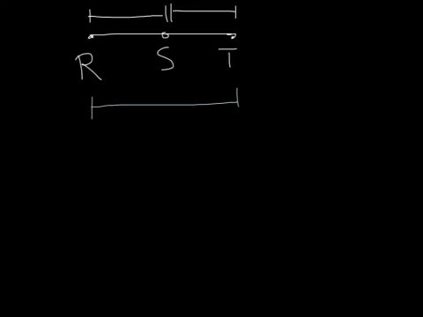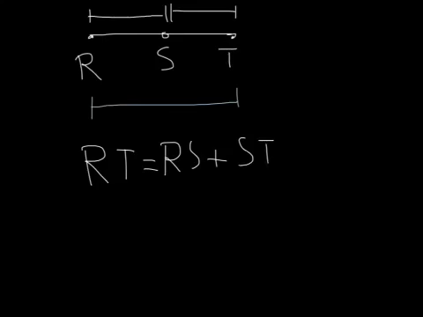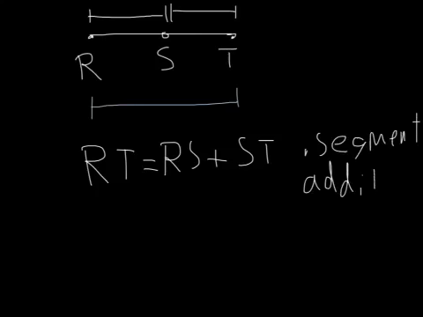So if we had some situation like this, and we wanted to say that RT is equal to the two small pieces, RS plus ST, added together. The big piece RT equals the little piece RS plus the little piece ST. And whenever we make that kind of statement, we just say segment addition, because all we're doing is adding the segments together to give us the big piece.